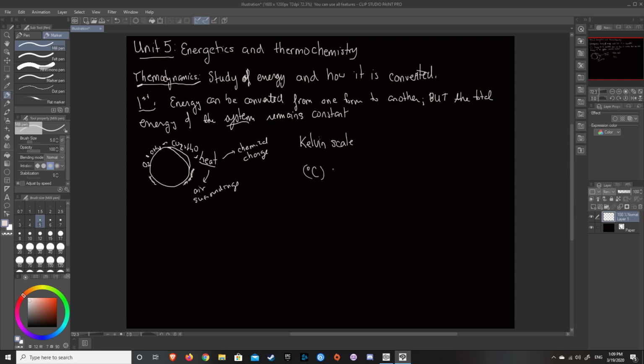The degree Celsius scale was formed just to say water freezes at 0 degrees Celsius in standard conditions at regular pressure, 1 atmosphere, and it boils at 100 degrees Celsius. Then they took that temperature range, divided it by 100, and said, okay, each one of these is 1 degree Celsius.